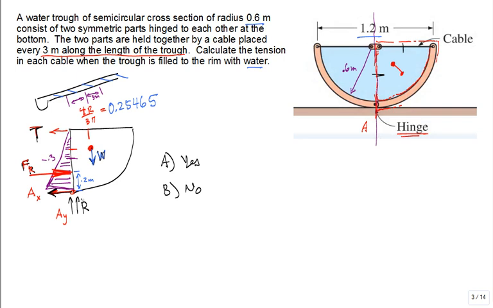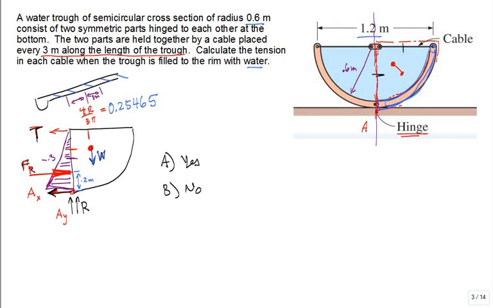Okay? One other thing that could be included, but there's no information given, is if this trough material, if it's empty, just by itself, no water in it, maybe that trough has weight, right? And if I wanted to include this trough material, the wall of the trough, what would I do, and where would I put it?